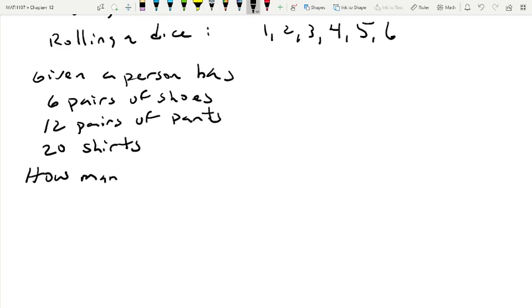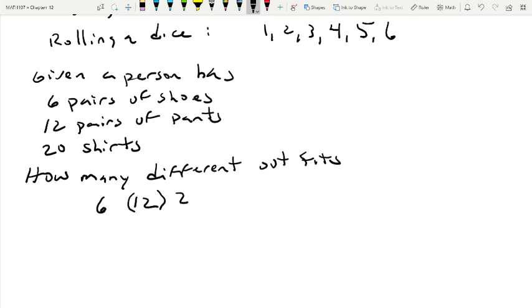So how many different outfits? And so we got, well, for shoes there's 6, pants there are 12, and then the shirts there are 20. And so here we'd have 1,440 different ways this could be done.